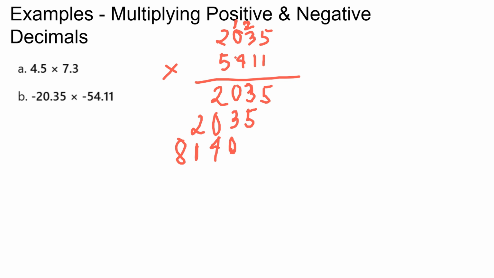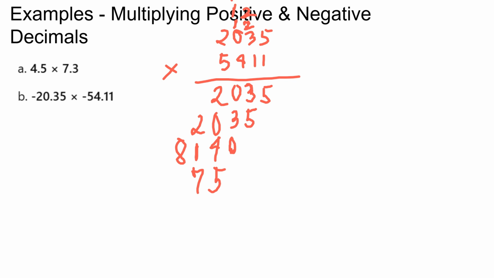Next is 5 times 5. 5 times 5 would give us 25. Carry 2. Then 5 times 3 will give us 15, plus 2, 17.